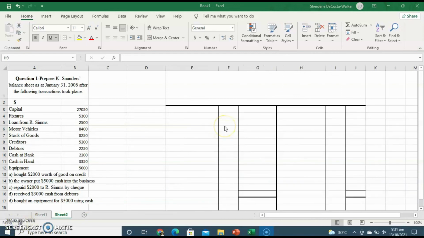All right, so since we have done that, we are going to prepare a new balance sheet based on the changes that we made to each of the figures based on the transactions.